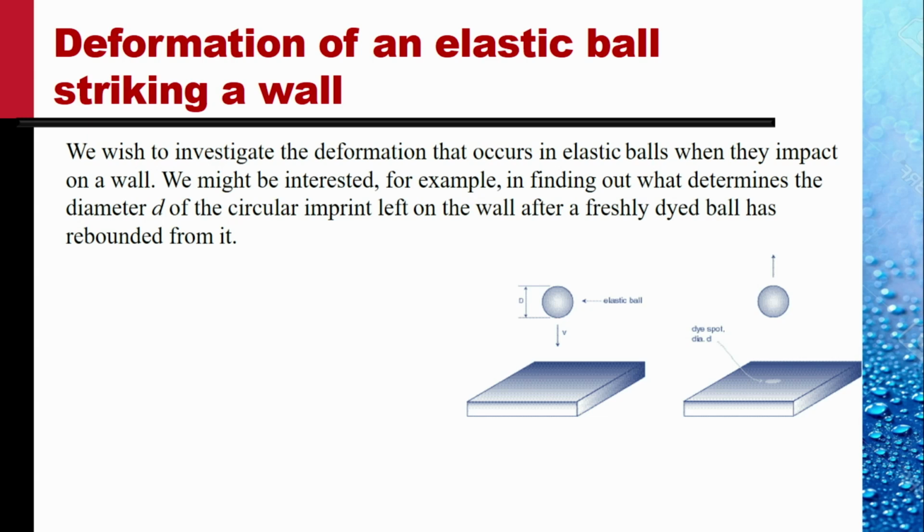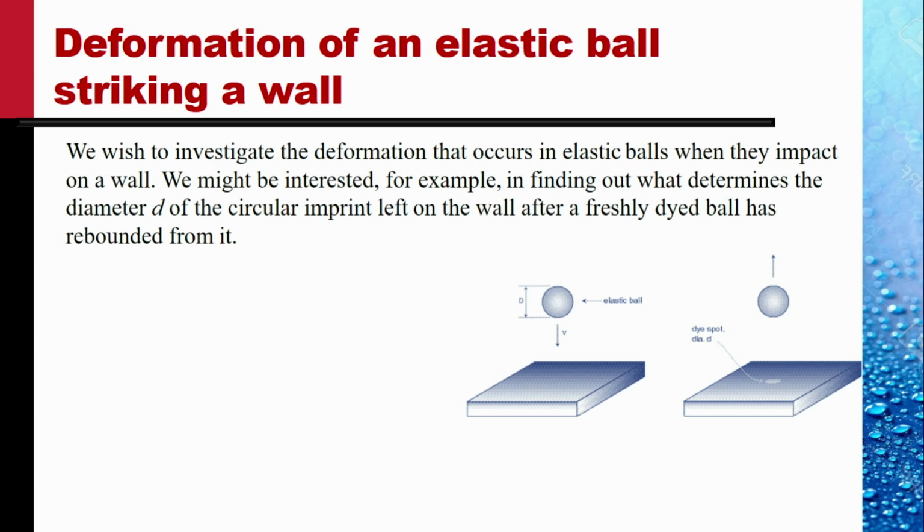Let us consider deformation of an elastic ball striking a wall or a floor. We wish to investigate the deformation that occurs in elastic balls when they impact on a wall. We might be interested, for example, in finding out what determines the diameter d of the circular imprint left on the wall after a freshly dyed ball has rebounded from it.